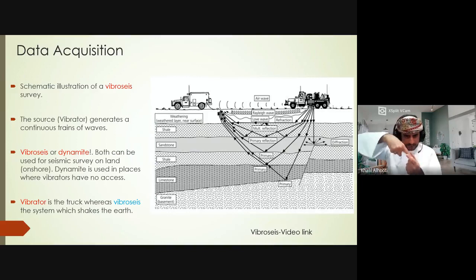The spike goes into the earth, tied to the earth, and the equipment will be on the surface. To avoid air wave, we bury it. We dump some sand on top. You bring some sand and bury your geophones beneath the sand.